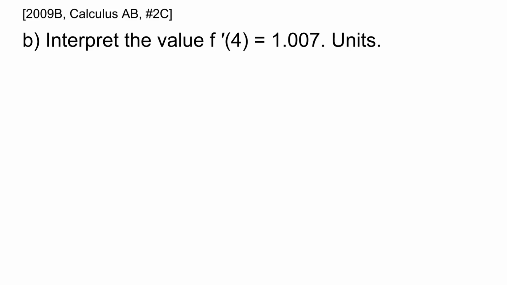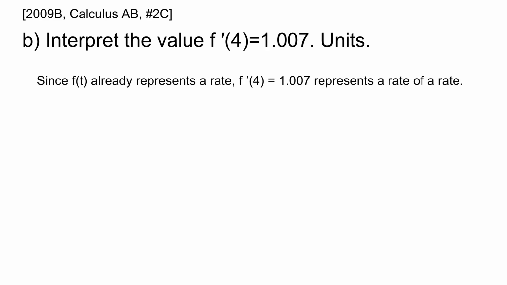In part B of the question, we are given f prime of 4 equals 1.007, and we are asked to interpret the value of that and to provide units. Now, since f of t already represents a rate, the fact that f prime of 4 equals 1.007 represents a rate of a rate.